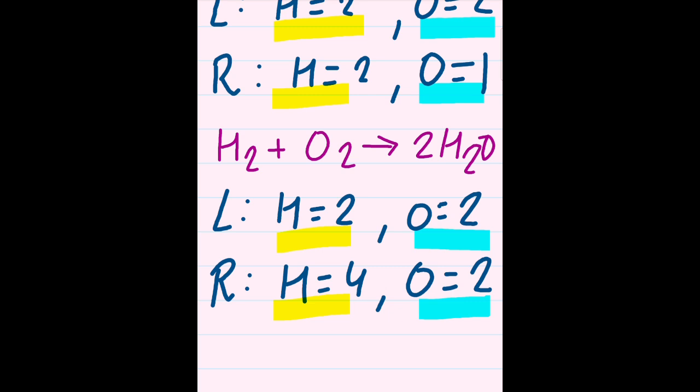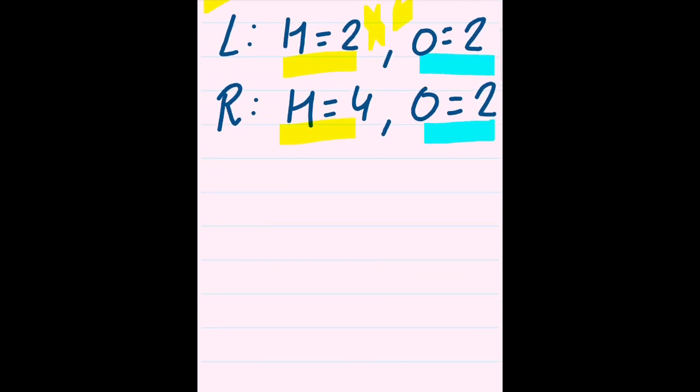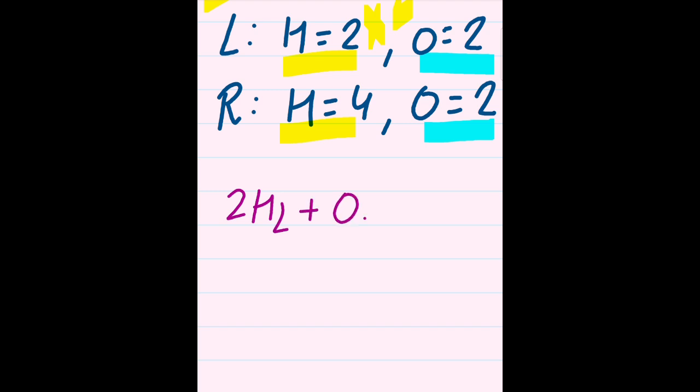So to balance hydrogen we need to place a number here in front of H2 to make them equal. We can multiply this by 2 to make them equal. So the final equation becomes 2H2 plus O2 forms 2H2O.